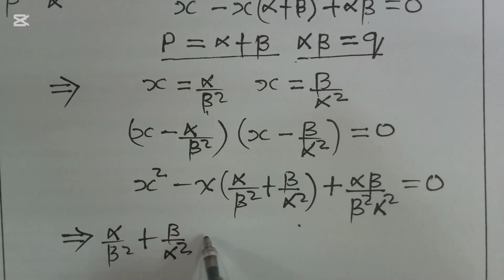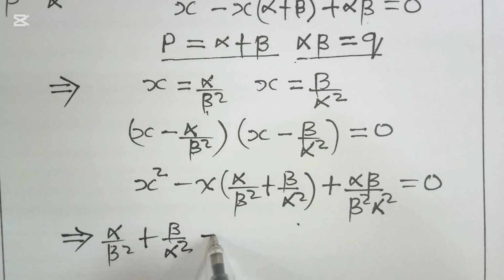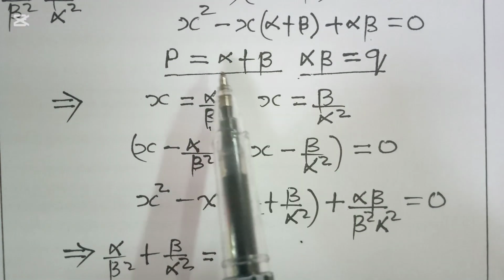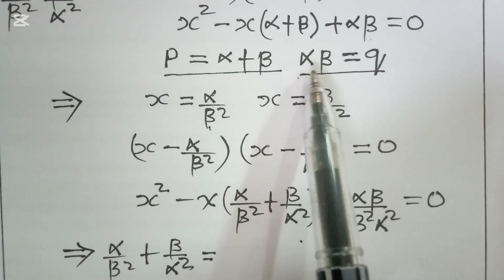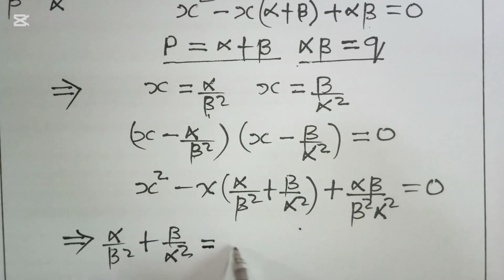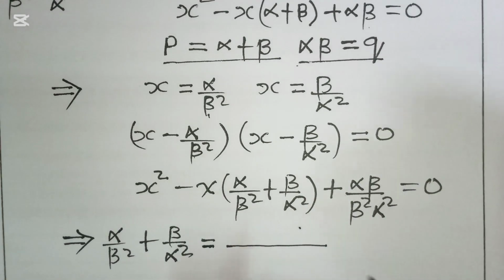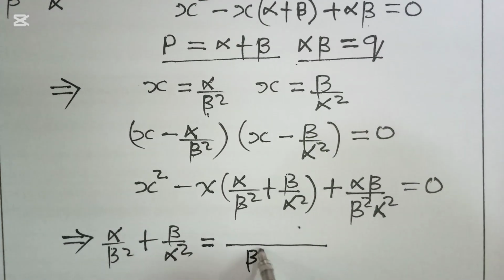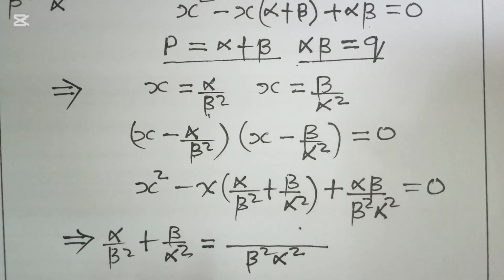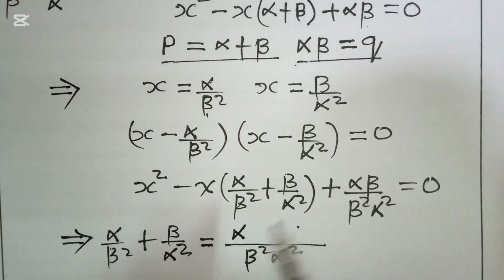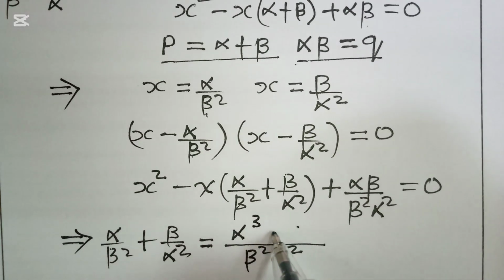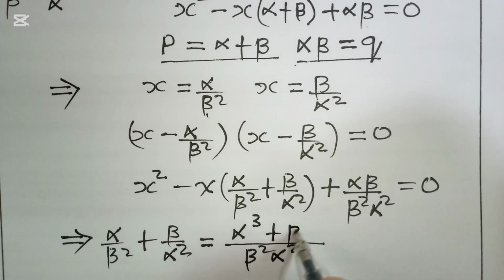To get that, guys, we can evaluate that first, because the values we have are alpha plus beta and alpha and beta. So therefore, guys, I can evaluate that first of all. So that, guys, I will get beta squared there, alpha squared. This divided by beta squared alpha squared, you get alpha squared multiplied by alpha is alpha cubed plus beta cubed.